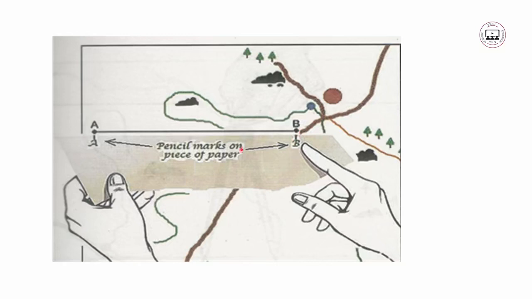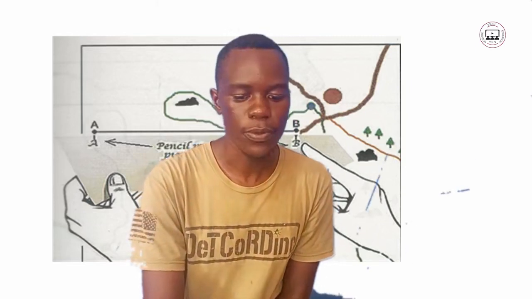So you mark here and you mark here, and after marking, you take this piece of paper to the scale, place it on the scale and find the distance. And after finding the distance, you convert that distance to the recommendable scale.